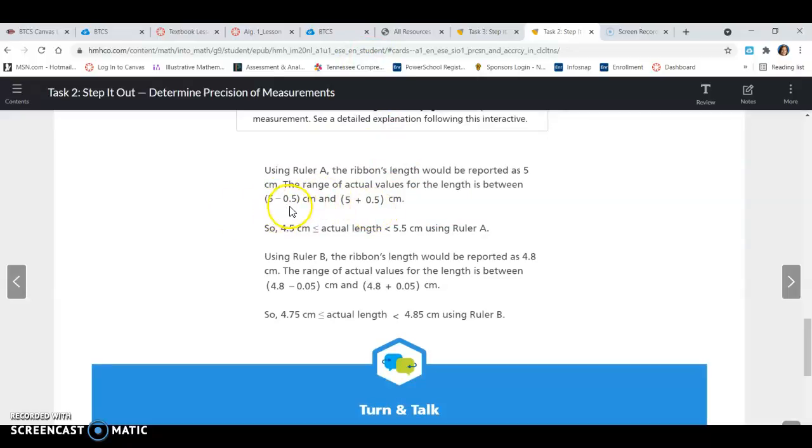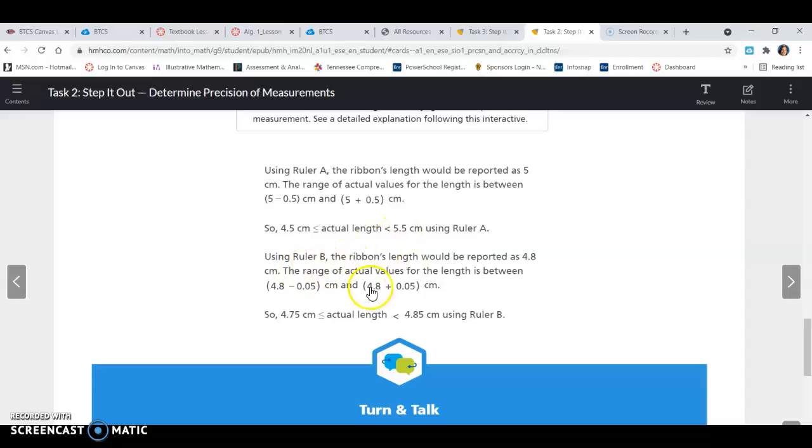So they subtract 0.5 and add 0.5. So they add and subtract a half centimeter for each value. So that means 4.5 centimeters is less than or equal to the actual length, which is less than or equal to 5.5. So basically this is saying the length falls between 4.5 and 5.5.